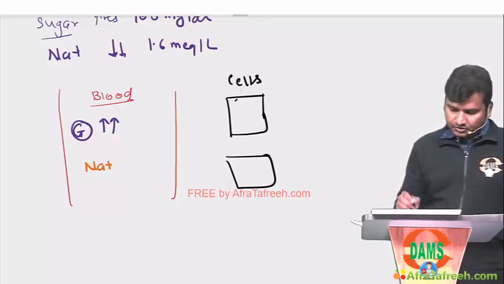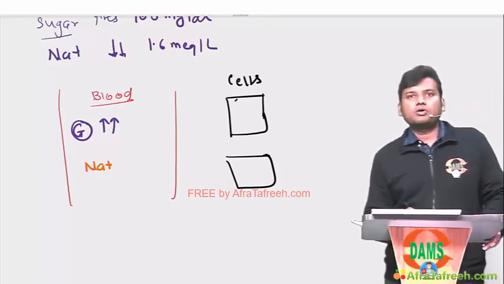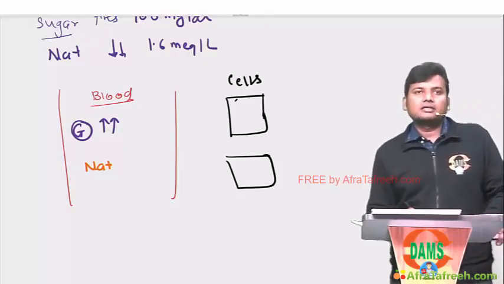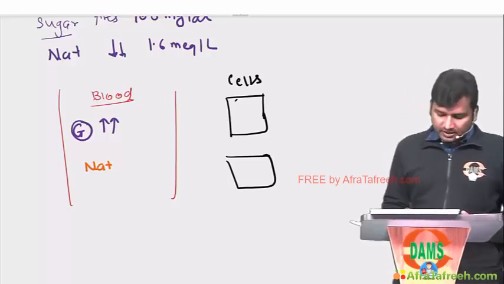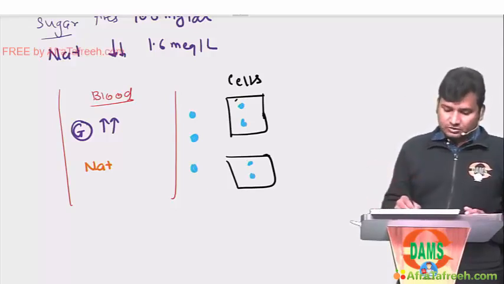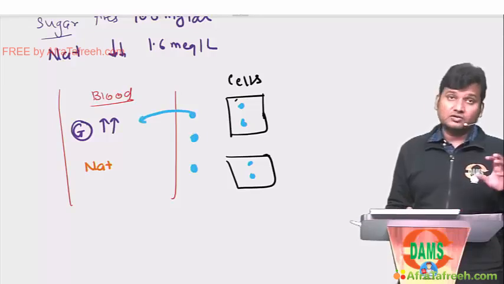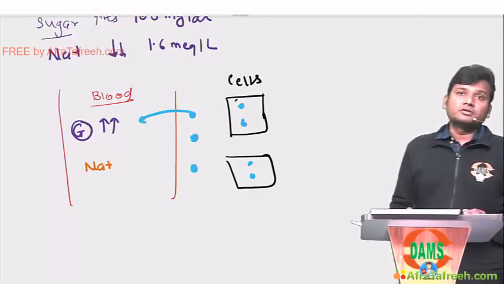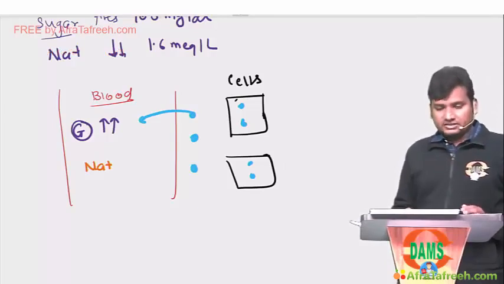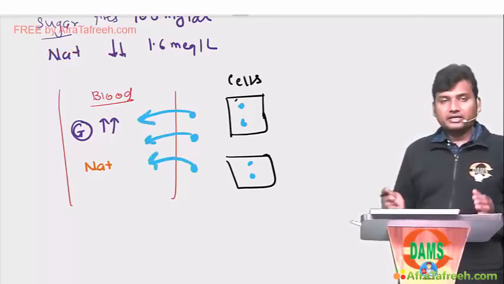Now, when the glucose level increases in blood, serum osmolality increases. This increasing glucose in blood will attract water molecules from the extravascular space. So water molecules which are outside the blood vessel will be attracted and will enter the blood.